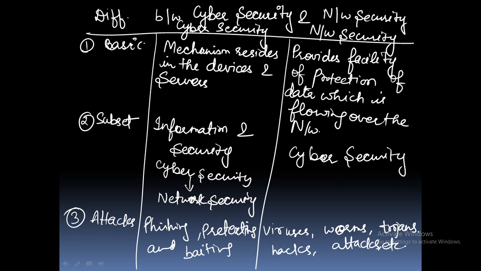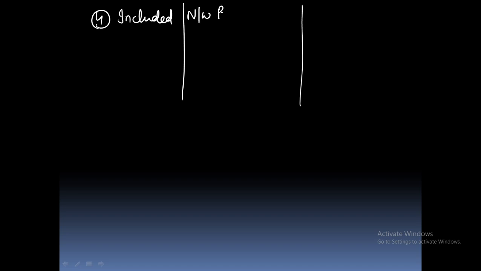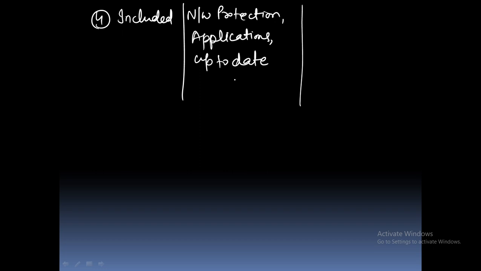Now, what type of information is included in cyber security and network security? In cyber security, network protection, applications, and up-to-date information are included.